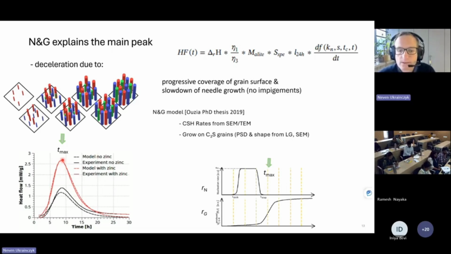And this can only be possible if you can explain it with this kind of mechanism.